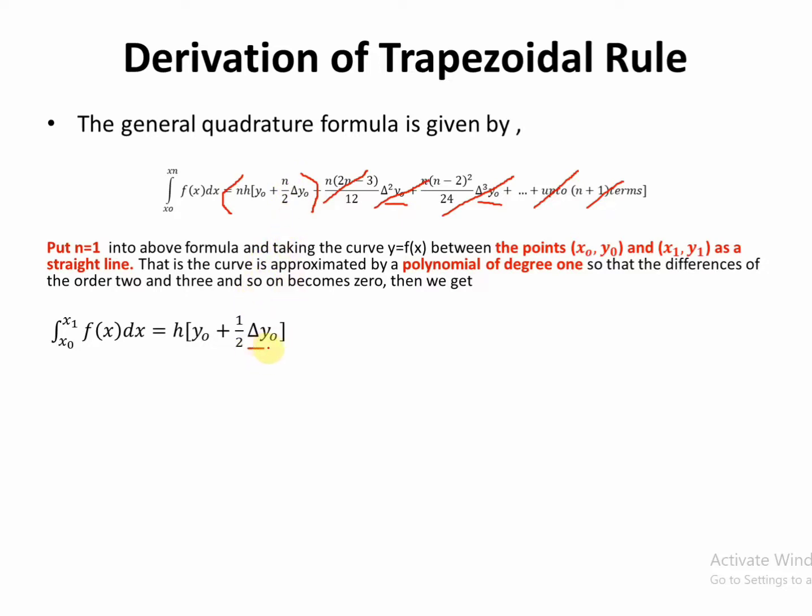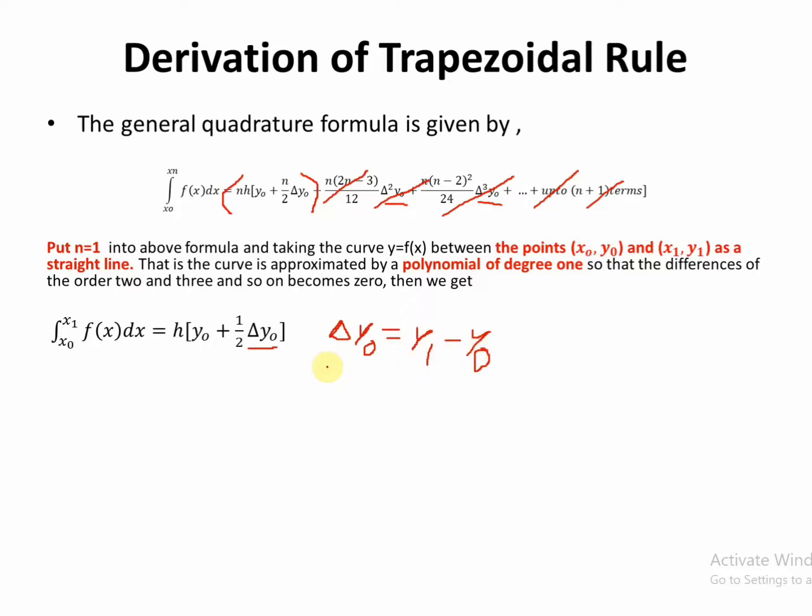Now to find out what delta y0 is, as we know delta y0 is the difference of y, so delta y is equal to some value of y minus any other value of y. So for delta y0, we put here y0 and this is y1.